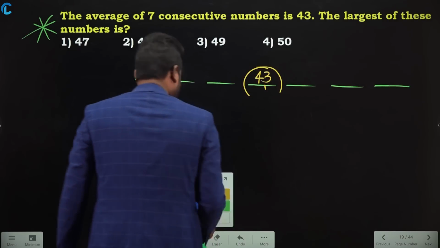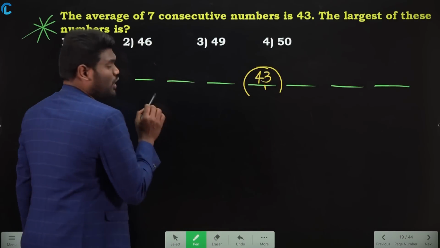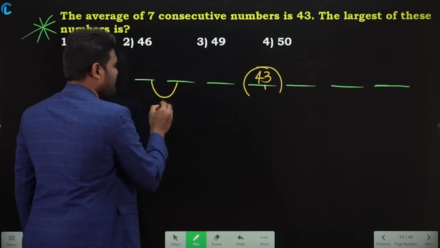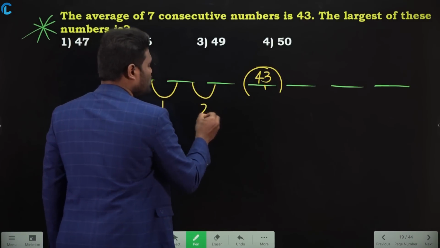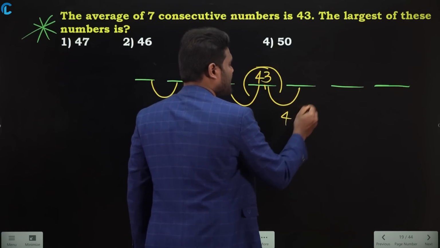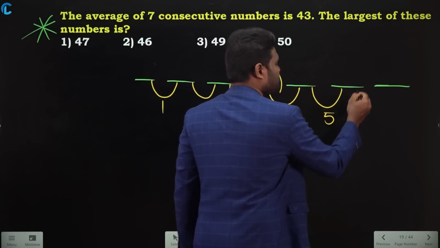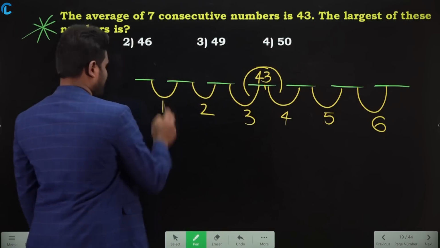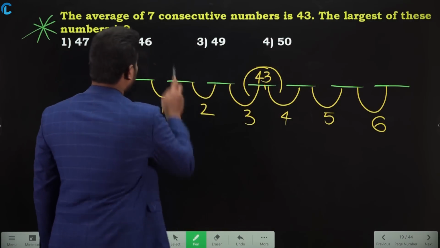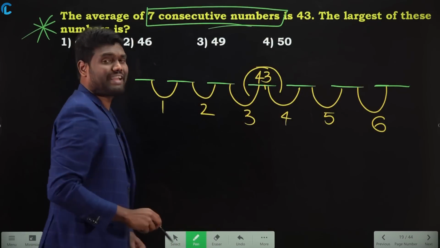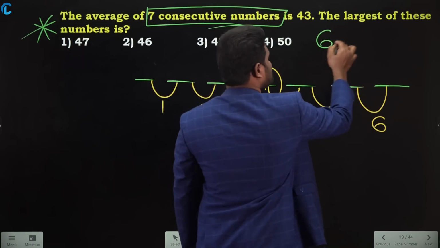Look at the number of gaps you have. Here I have one gap, here two gaps, here three gaps, here four gaps, here five gaps, here six gaps. Which means when you have seven consecutive numbers, the number of gaps is only six.